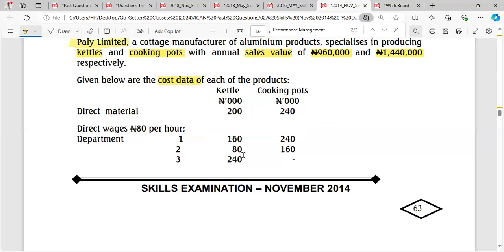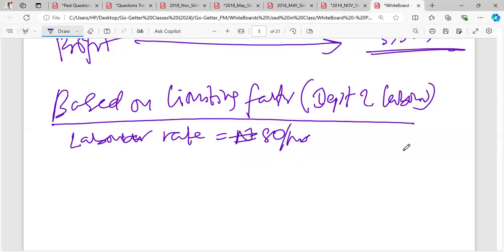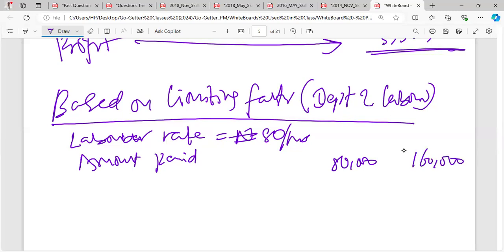In Department 2, you paid 80,160. Amount paid, this is 80,000. This is 160. Now, number of hours, it will now be this here divided by 80.